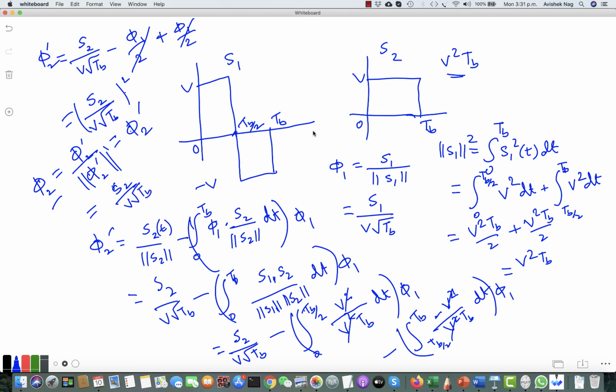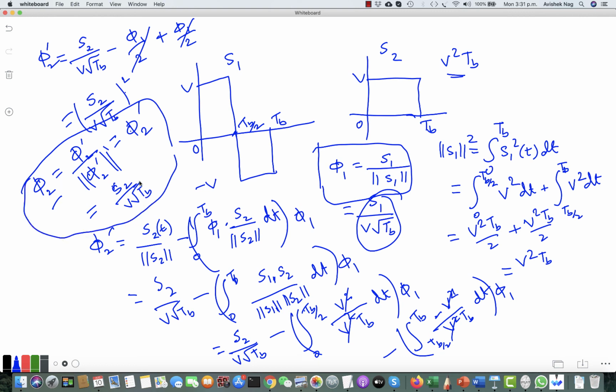So you have calculated your phi 1 here, that is equal to S1 divided by v root TB, and your phi 2 is calculated here, which is S2 divided by v root TB.